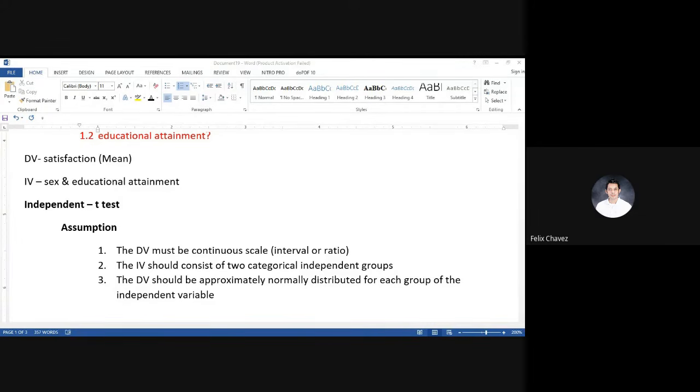Okay? If you want to know if a person is a smoker, yes or no. Smoker or non-smoker. So that's a categorical variable. Two groups only. So in our case, is there a significant difference in the satisfaction of customers when grouped according to sex? So meron tayong dalawang grupo dito, sex.